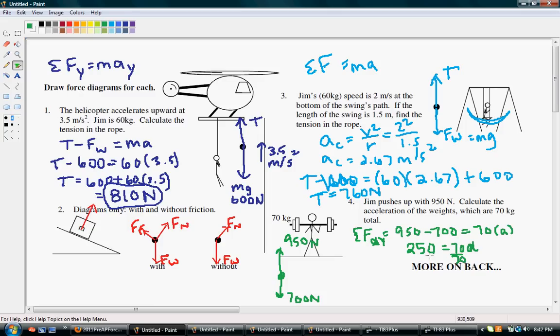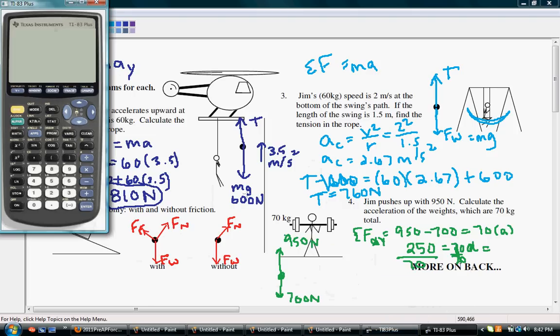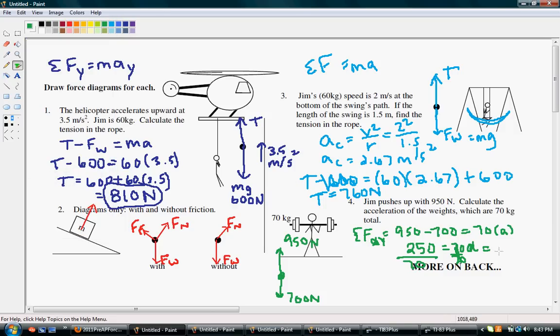If we divide both sides by 70, we can easily solve for acceleration, because 70 over 70 is 1. So 250 divided by 70 is our acceleration, which is 3.57 meters per second squared.